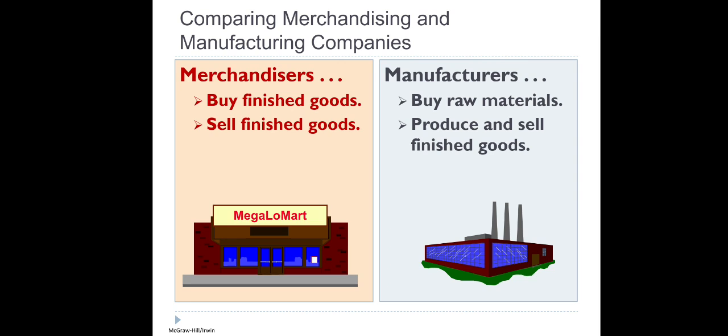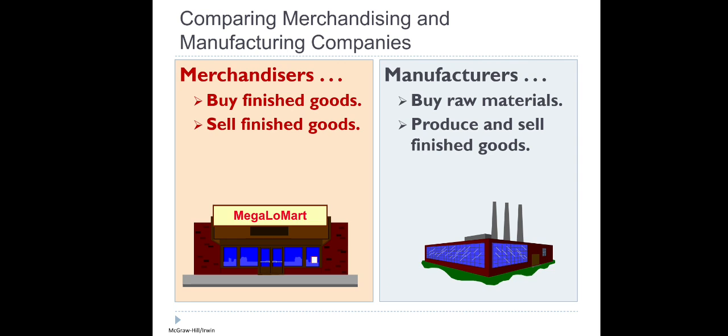So what is the difference between a manufacturing business and a merchandising business? Always remember, a manufacturing business is a business that purchases raw material, processes the raw material, and produces finished product. But a merchandising business is a business that purchases finished goods and sells the same thing to customers.